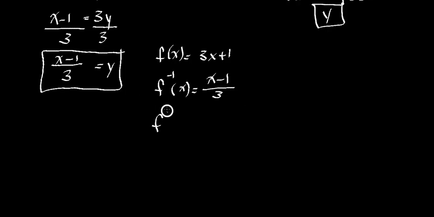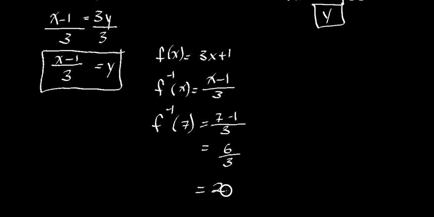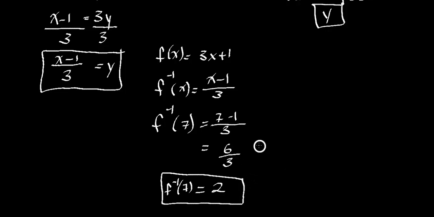So 7 minus 1 over 3. 7 minus 1 is 6, over 3. And this is 2. So guess what? It does the job. This means that we found the correct inverse.